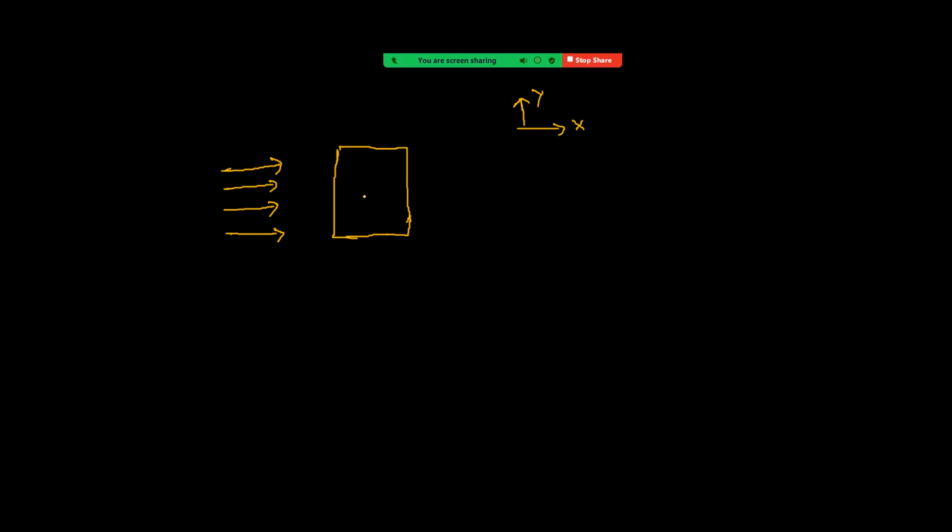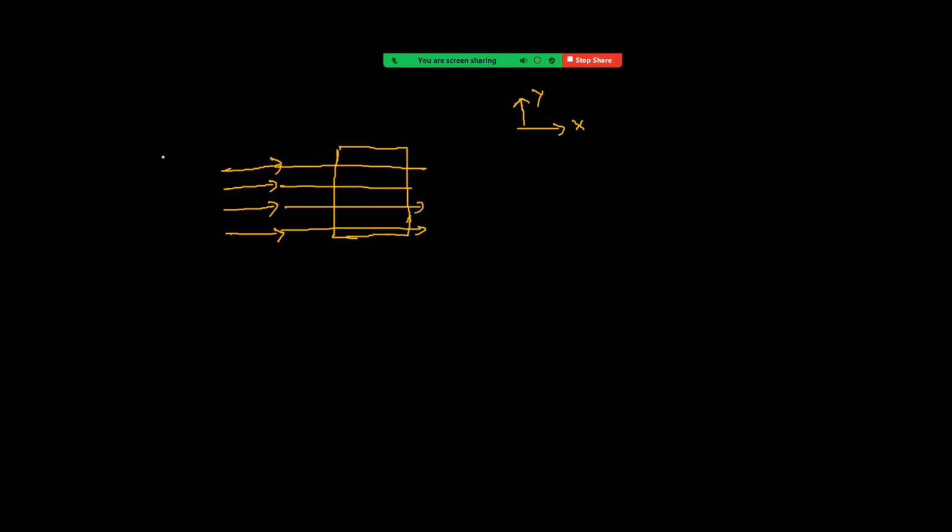I have taken this rectangle in the xy plane and field lines are along the x-axis. So here no field lines are passing through the surface. They are just going like this, not passing through the surface. That means we say flux through that surface is zero.